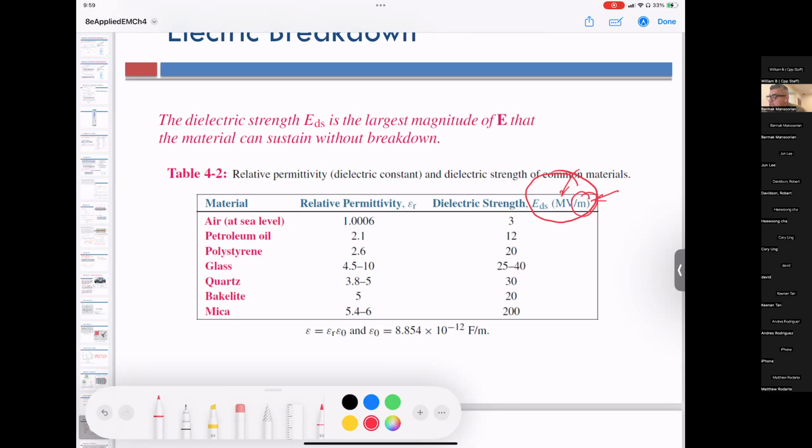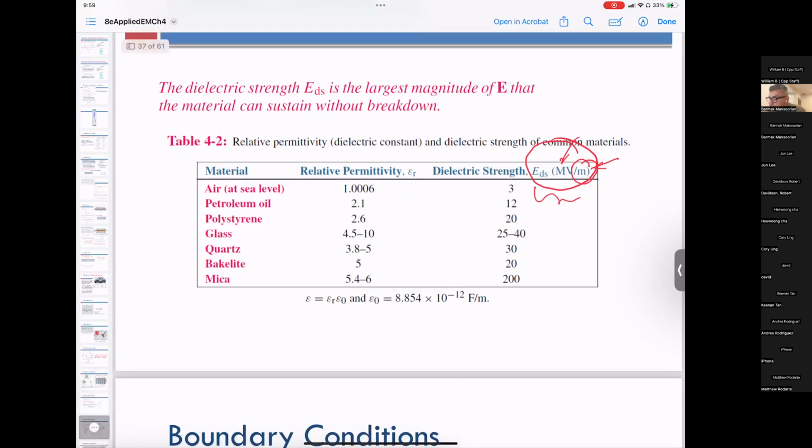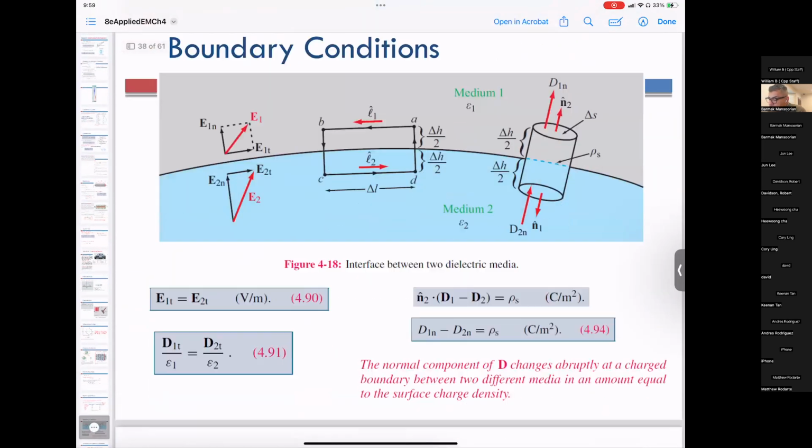They're usually micrometers thick, so 1 times 10 to the minus 6 meters or so. So what seems like a gigantic electric field is actually usually a pretty small voltage, something like single digit volts or maybe double digit volts. So again, be really careful about that. It's really easy to exceed those numbers.